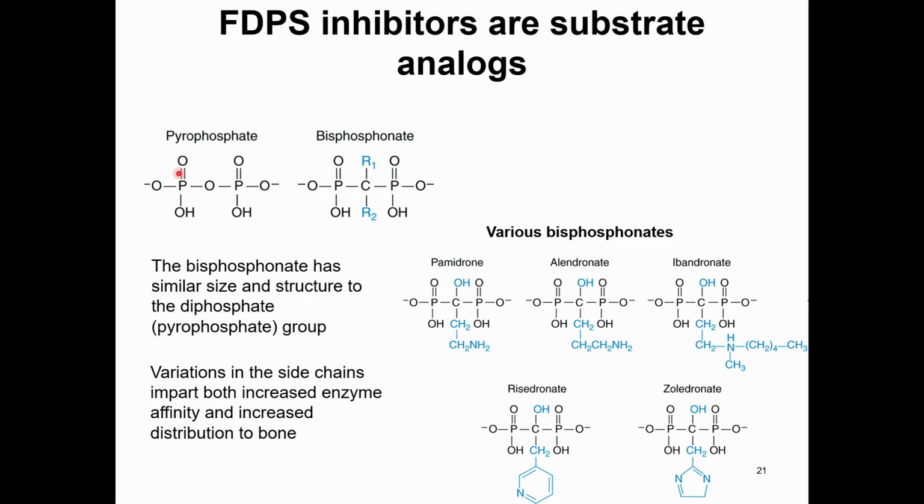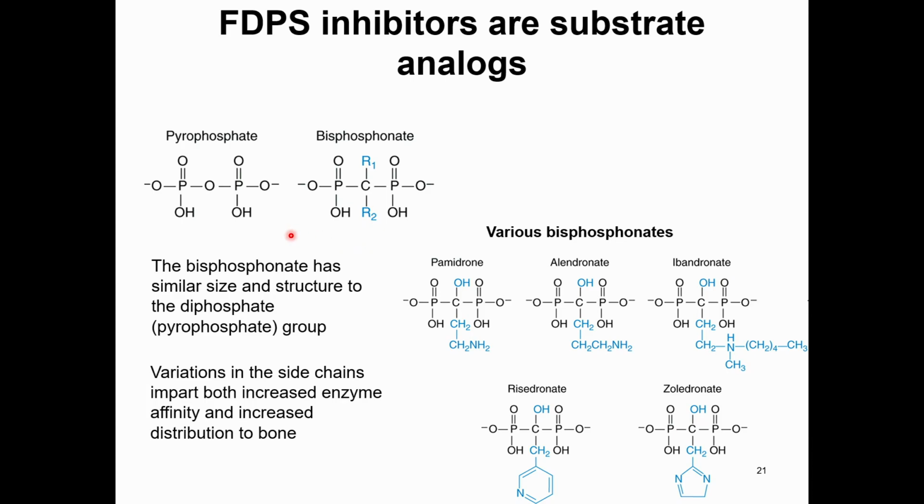So here is diphosphate. Diphosphate also goes by the name pyrophosphate, same thing. A bisphosphonate looks similar to that, right? You've got two phosphates, but instead of having an oxygen in the middle, you've got a carbon that can contain a couple of R groups. So a structural similarity, right? So the bisphosphonate has a similar size and structure to the diphosphate.